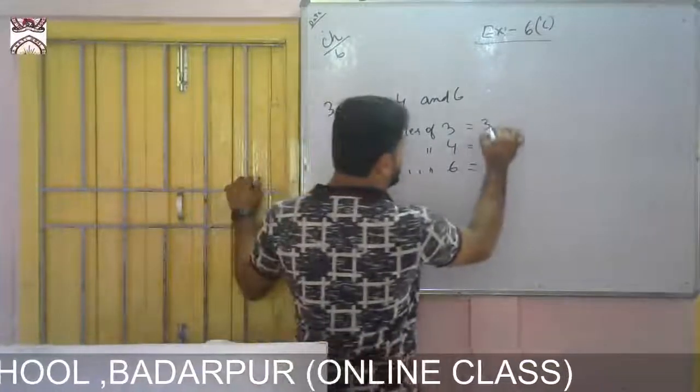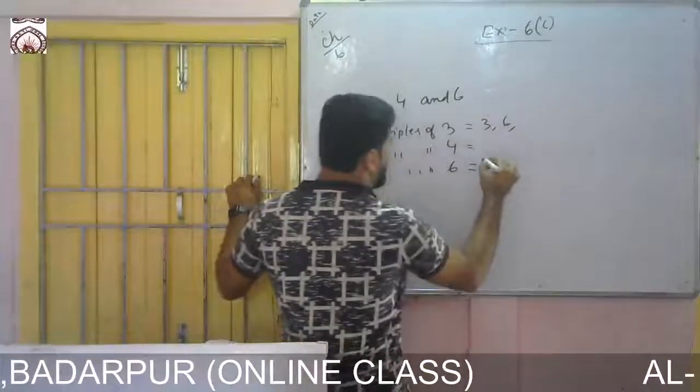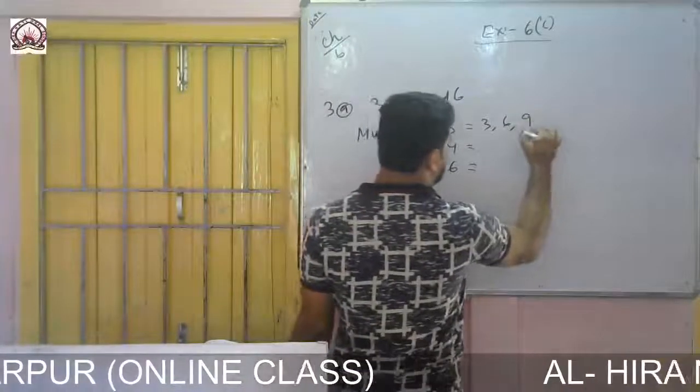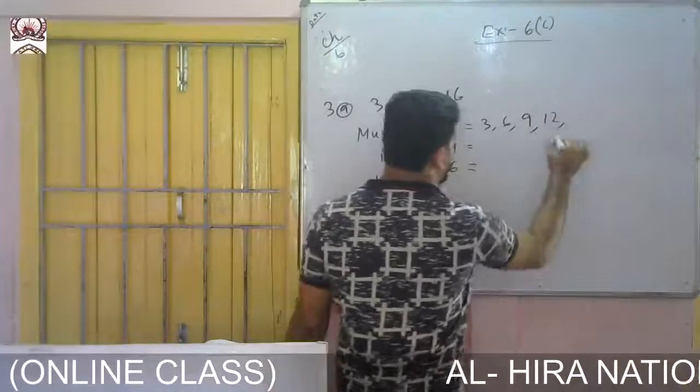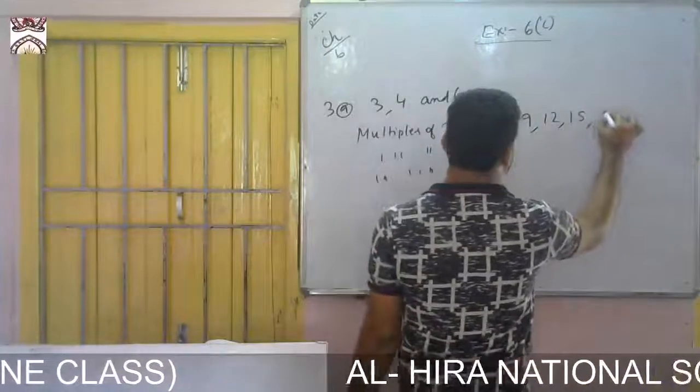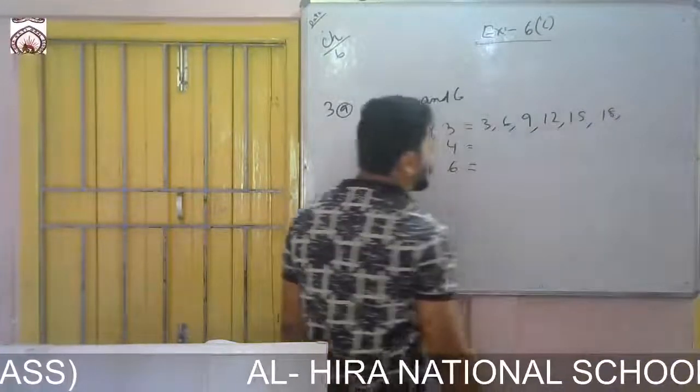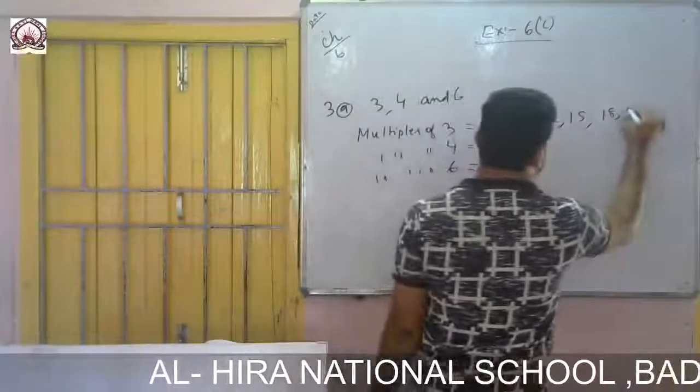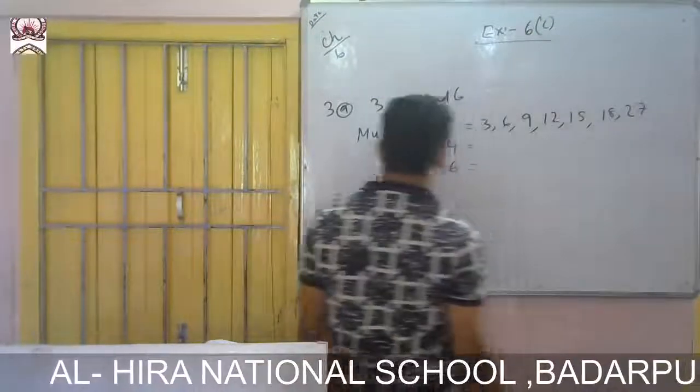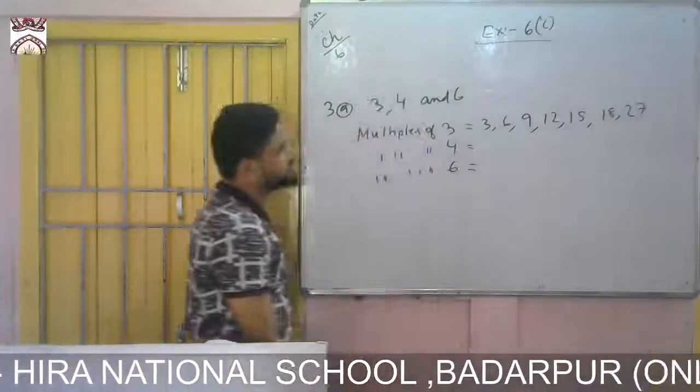So 3 1s are 3, 3 2s are 6, then 3 3s are 9, 3 4s are 12, 3 5s are 15, 3 6s are 18, okay.